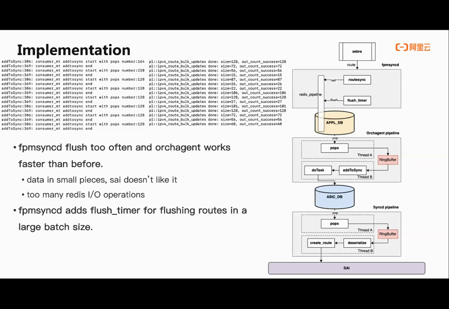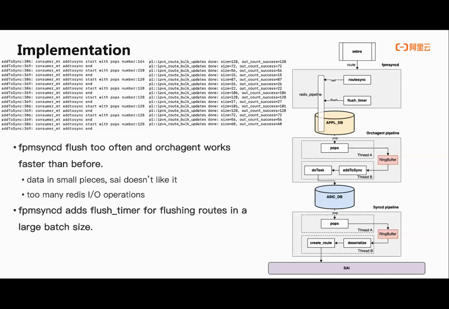Right now it's just 8K. I think it can be further increased. But 0.5 second, like 500 milliseconds, if there's no change in the network and one route flaps, for example, it'll take half a second for that route to go into the hardware. That will be the drawback.